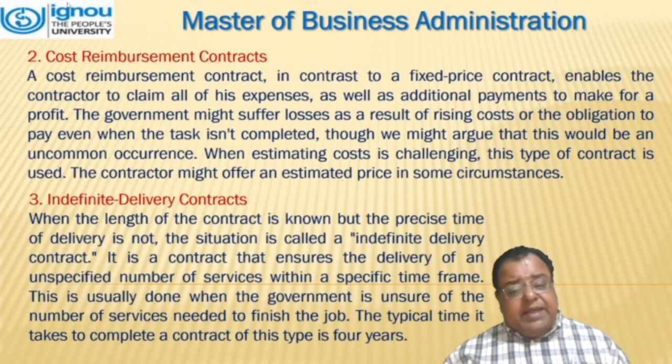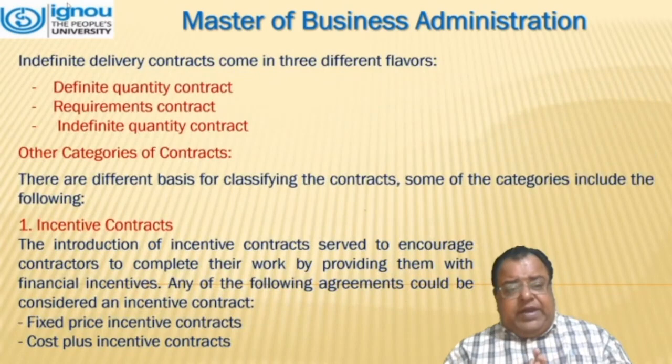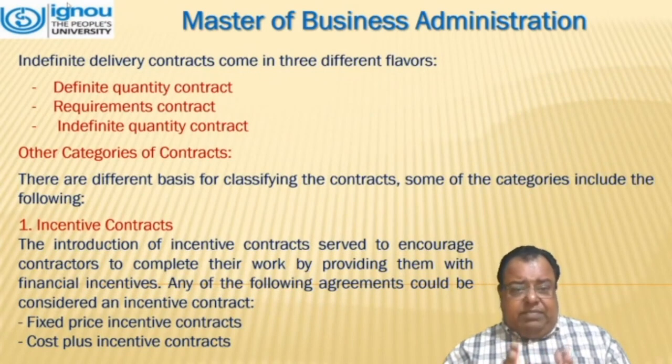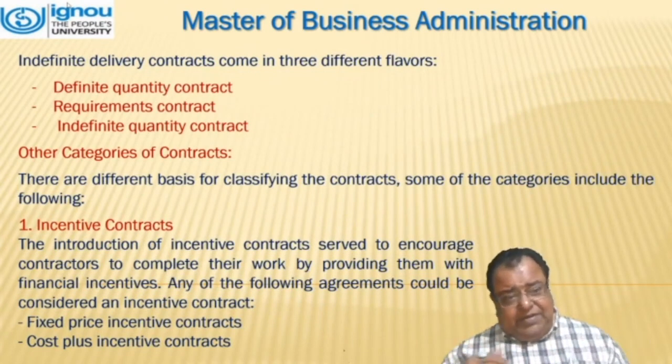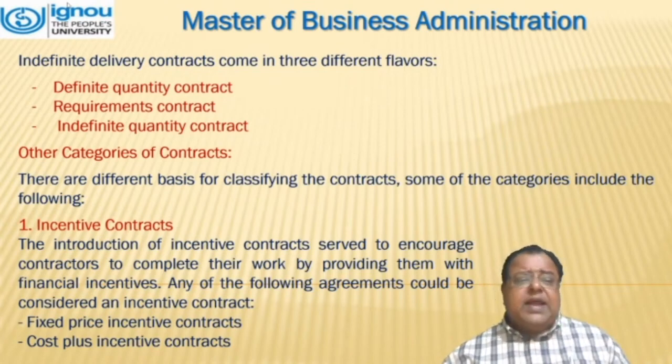The typical time it takes to complete a contract of this type is 4 years. Indefinite delivery contracts come in three different flavors: definite quantity contract, requirements contract, and indefinite quantity contract. Other categories of contracts: there are different bases for classifying contracts.